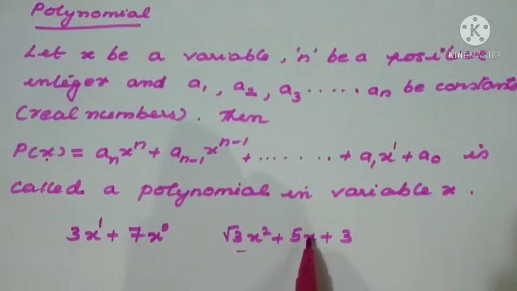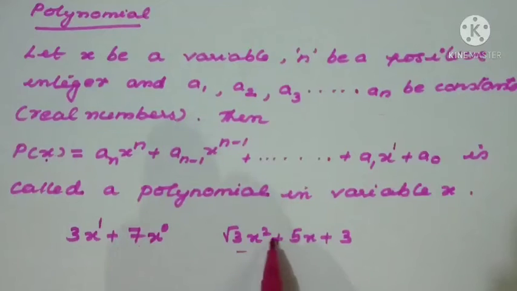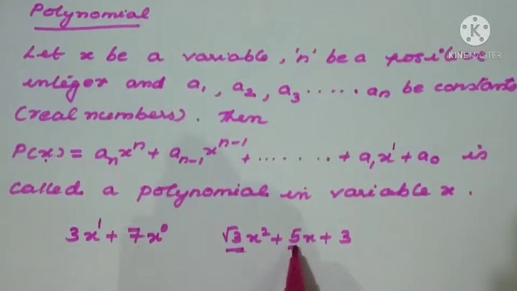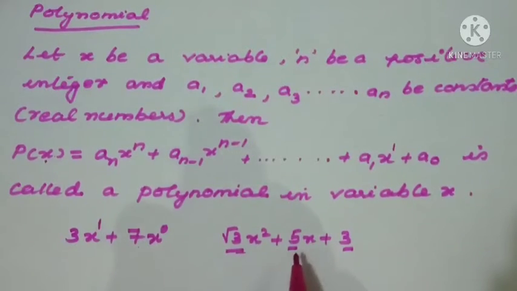That means the variable x is taking only positive powers, positive integers, or we can say whole numbers. Now what about this? In place of a1, a2, a3 we have root 3, 5 and 3. Root 3 is an irrational number only, that means it is from the real number group. Again 5 is a normal integer or a whole number also. 3 also the same way. These are the coefficients only.